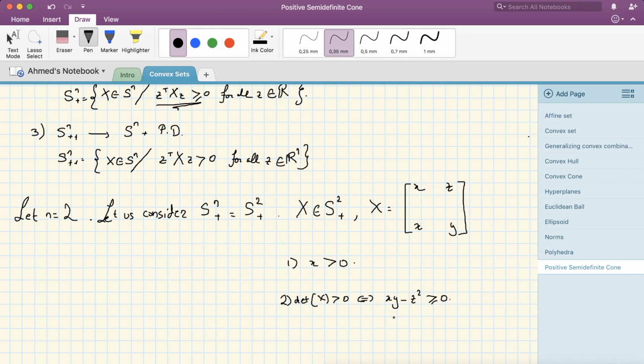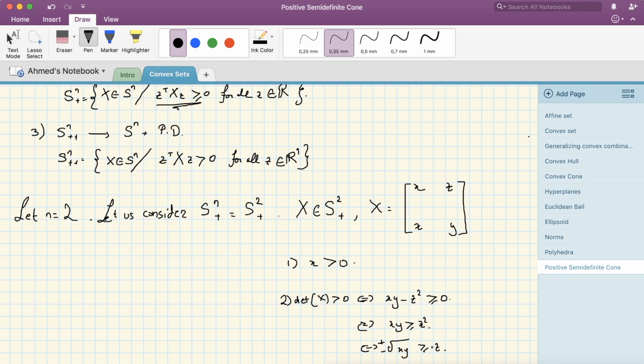In other words, we require that xy is greater than or equal to z squared. In other words, we also require that the square root of xy is greater than or equal to z, right? This should be plus or minus, because once you do square roots, you're going to have a plus or minus appearing, right?